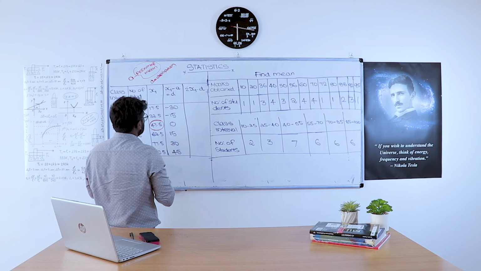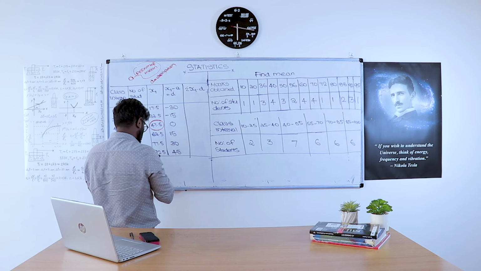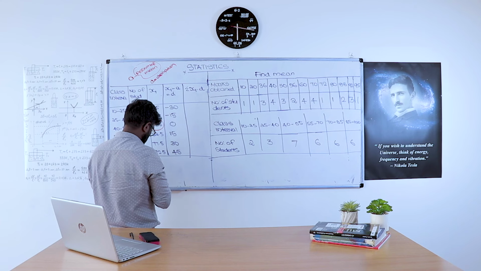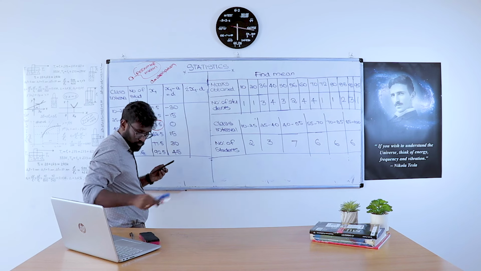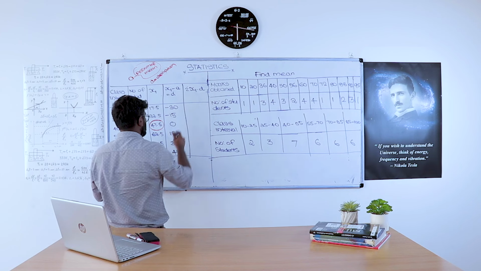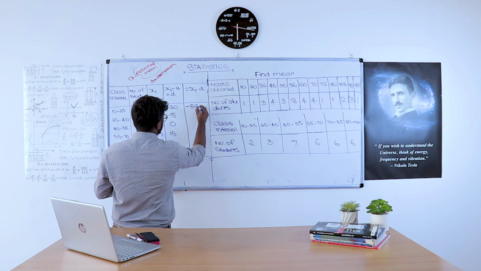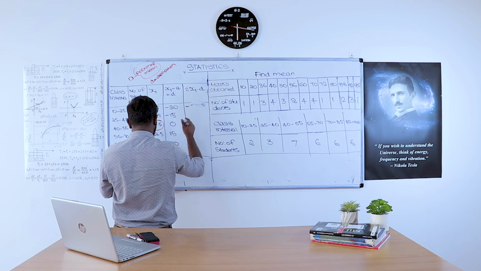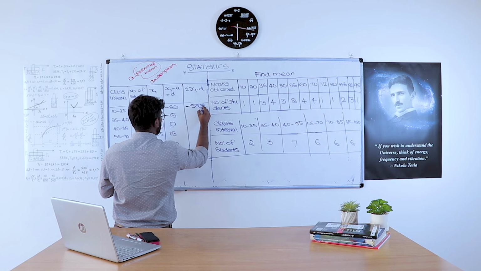Okay, so the first value is 30 into 17.5, that is 525, so minus 525.